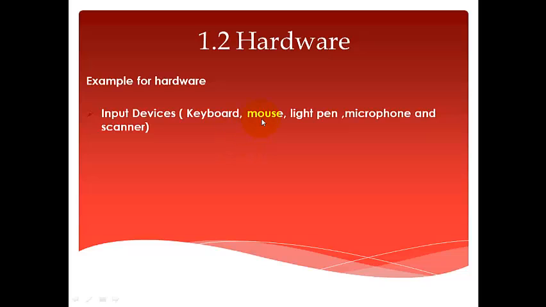Mouse is a pointing device, and light pen is used for digital signatures. Using light we can create digital signatures. Microphone is a sound input device where we can use sound as input. And scanner, whenever you want to provide an image as an input, you use a scanner.